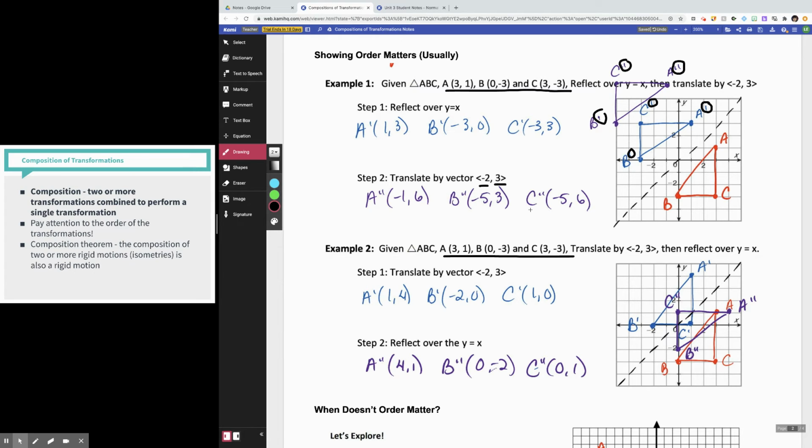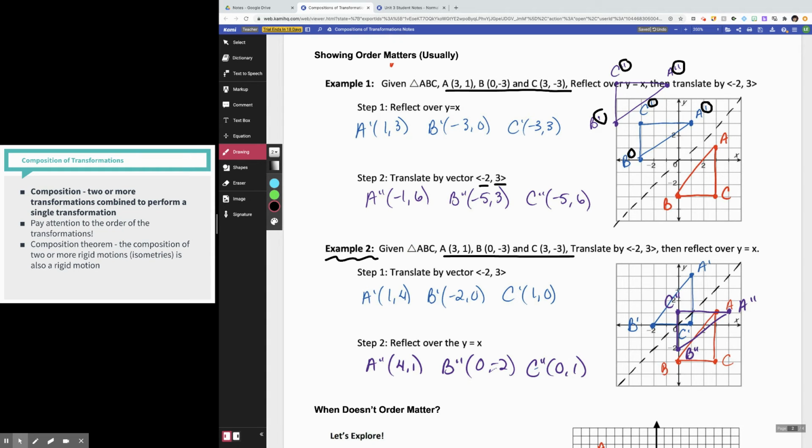If you switch the order, so looking down here at example 2, we're still starting with the red triangle. If you translate it first, you end up with this blue triangle up here, which looks very different from this blue triangle in the first one.